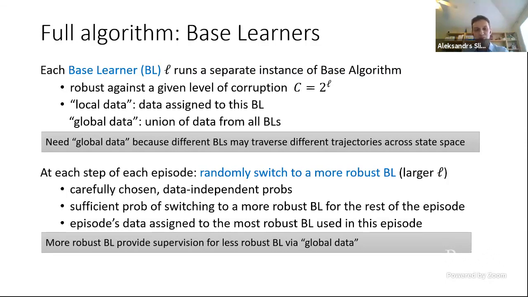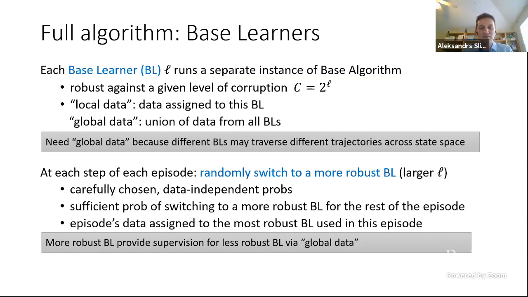That's the key point in the algorithm. The data inside a given episode is assigned to the last and most robust base learner that we went to in this episode. The high-level idea is that more robust base learners, in some sense, supervise the less robust base learners through this global data, which is shared among everybody.